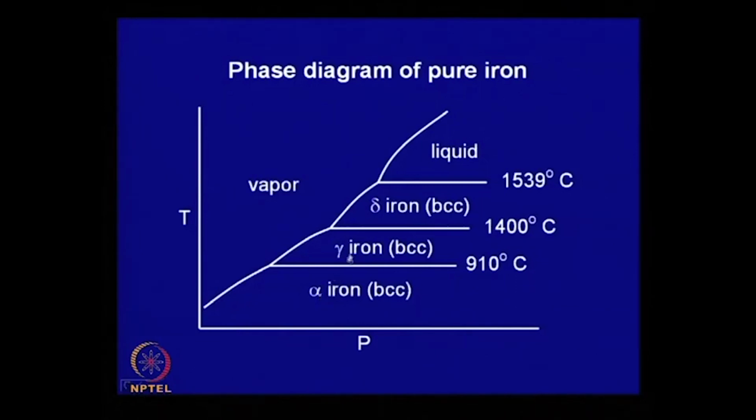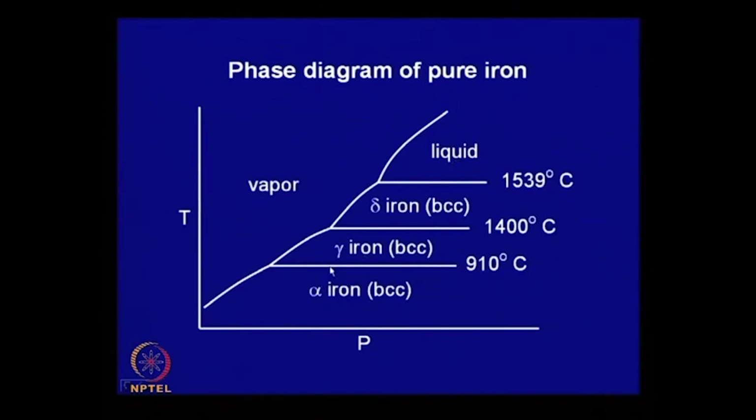At intermediate temperature between 910 and 1400, iron has a crystal structure that is body centered cubic. At 1400 it again transforms, sorry, I think there is a mistake here, please correct, this is face centered cubic, and again here it gets transformed into a body centered cubic, and finally, at the melting point 1539 it transforms into liquid.